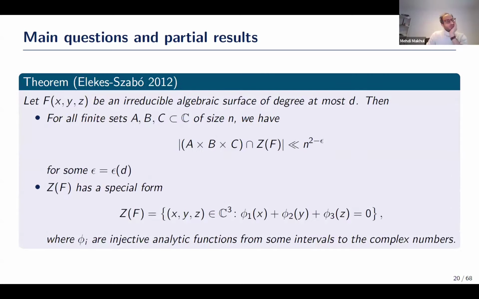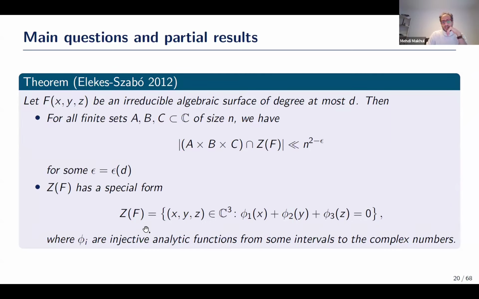The next tool that they use is called Elekes-Szabó, which is a fundamental result in discrete geometry. This theorem says that whenever we have an irreducible algebraic surface of degree d in 3 variables in complex numbers, then either the intersection of the zero set of this polynomial with a Cartesian product is small, or if it is too many, then there must actually be locally a group structure on a point set of the ZF.